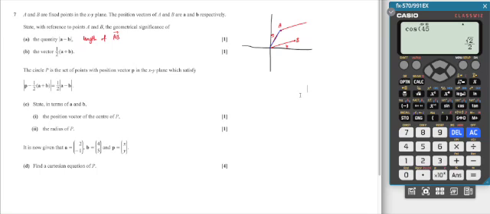So that's A plus B. If I want to go half of that, that looks suspiciously to me like it's just going to go halfway along the line there, which we had, that line A plus B. Yeah, that would make sense to me. So that is halfway, sorry, the midpoint of that line AB.